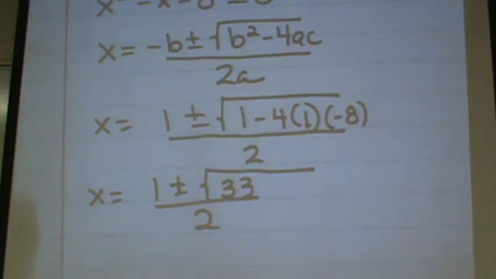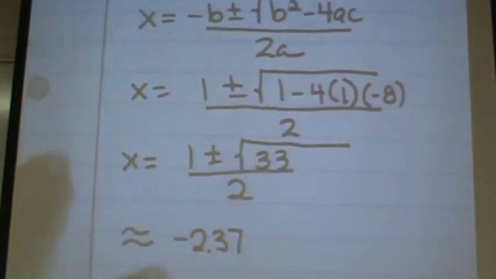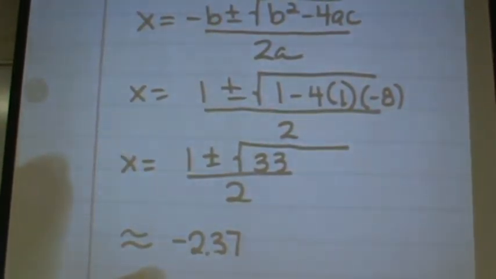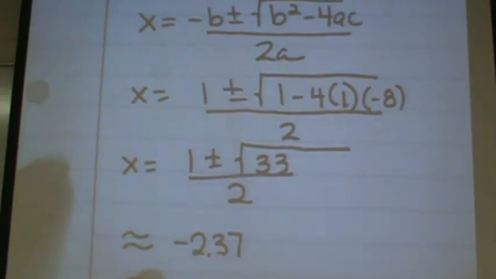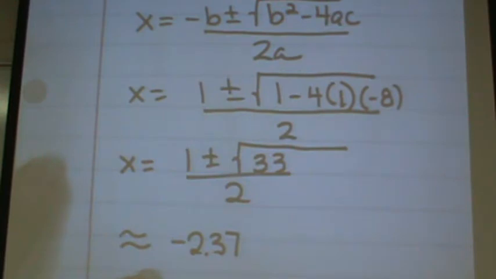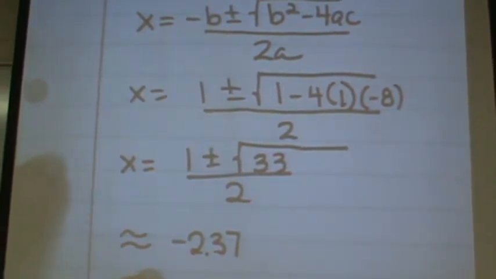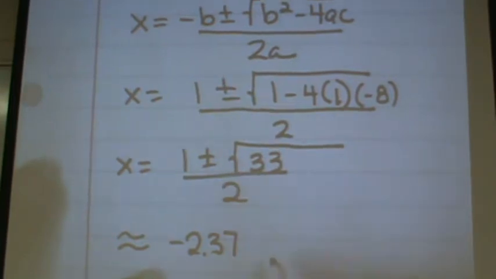I get negative 2.37 as one answer, approximately, I'm rounding. And then 1 plus the square root of 33, and then divide that by 2, is 3.37.